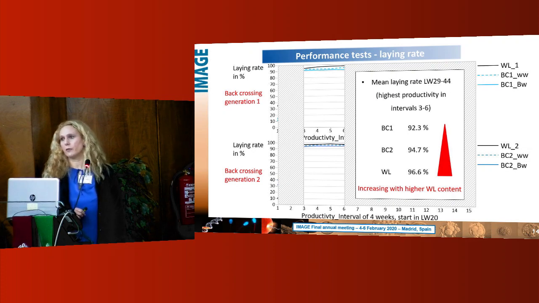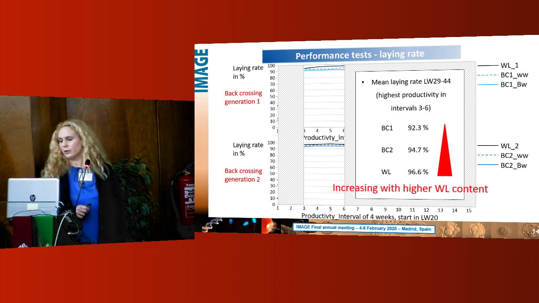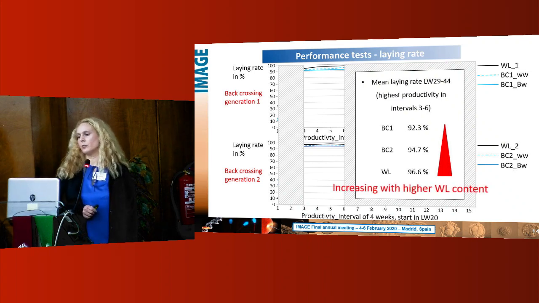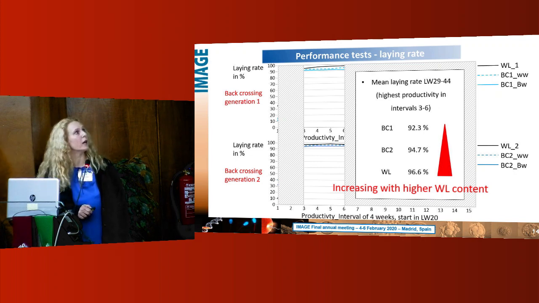This is about 2.5% higher than the BC1, but also 2% lower than the laying rate of the white leghorn. But we think that the laying rate increases with a higher white leghorn genome content. We also see that the non-carriers in our study have a slightly higher laying performance. These are the dotted lines.